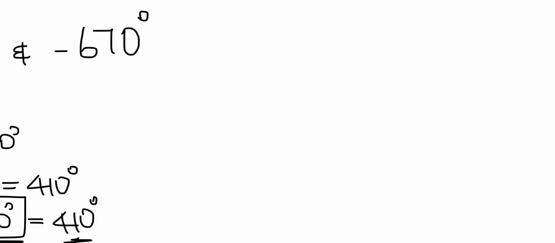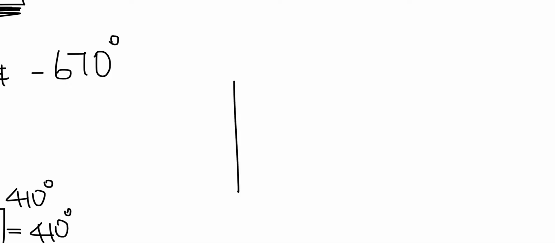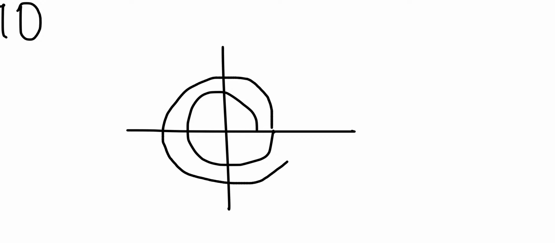Maybe let's look at another one, that one of 770. Yes, that one of 770. Let's see, 770, you can just say minus 360. We know we have the first 360. Then you can minus again by 360. Yes, that is the second 360. And then what remains is 50.